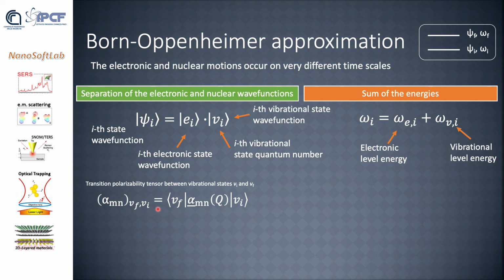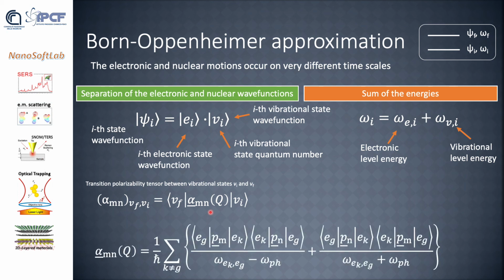If we do this, the transition polarizability tensor between the vibrational states nu I and nu f can be written in this way. So it's going to be the average between the states nu I and nu f of this quantity, that can be considered as an electronic polarizability tensor, in the sense that this will only depend on the electronic states of the molecule.